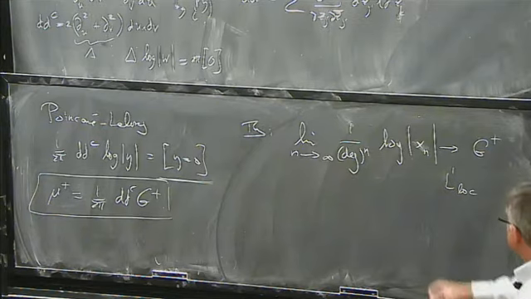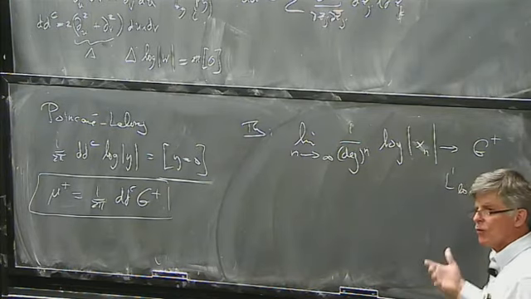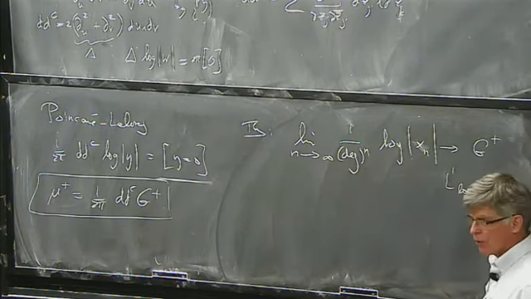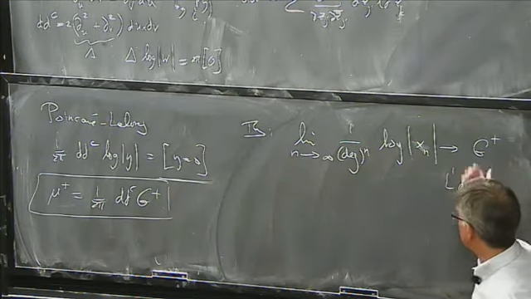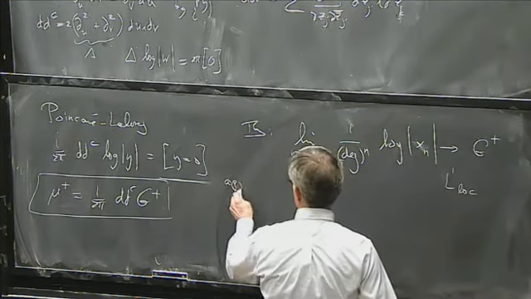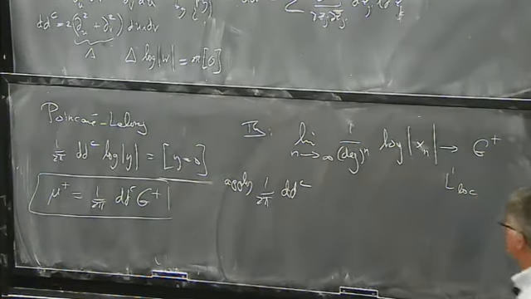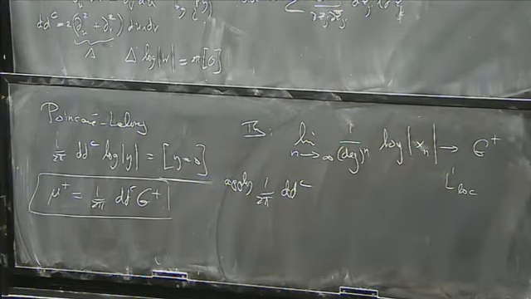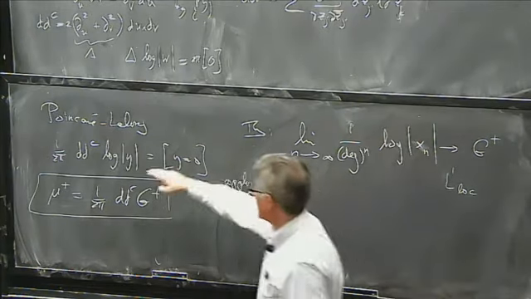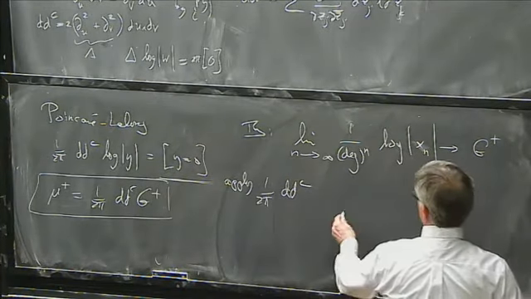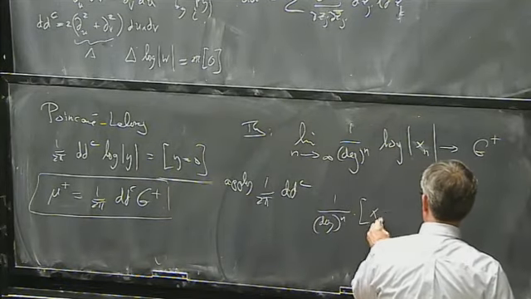So if I converge in L1 loc, I'm going to use currents like using distributions, and you know that one of the virtues of using distributions is that you can always differentiate them. Okay, so I can differentiate this thing, so I'm going to apply 1 over 2 pi ddc to this thing, and so what I'm going to have here is, by the Poincare-Lelong formula, 1 over degree to the n times the current of integration over xn equal to 0.